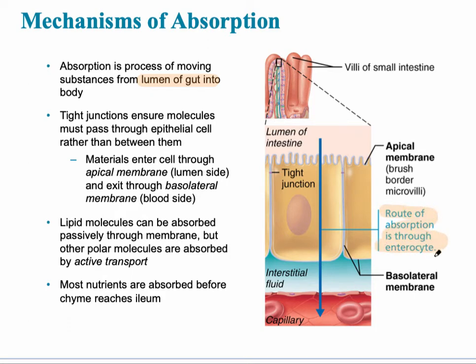That's just the name for the individual cell that's lining the small intestine. And once it's absorbed, then it can enter into the bloodstream where it goes to the liver for processing. Remember, via the mesenteric veins that travel to the portal vein, the hepatic portal vein system.